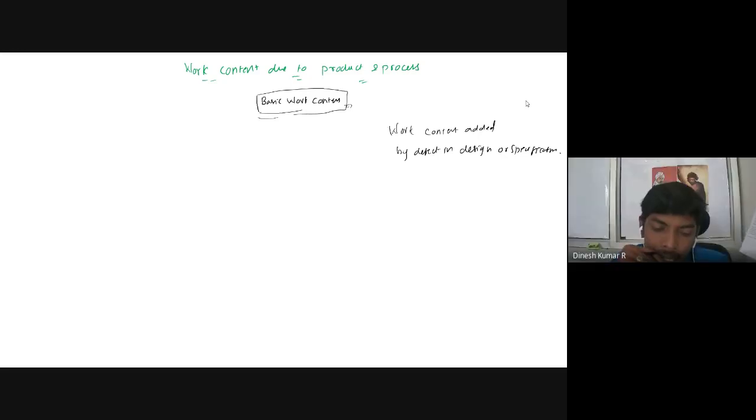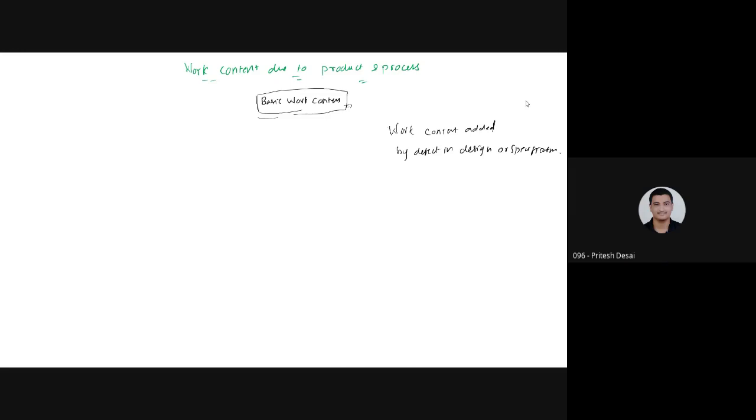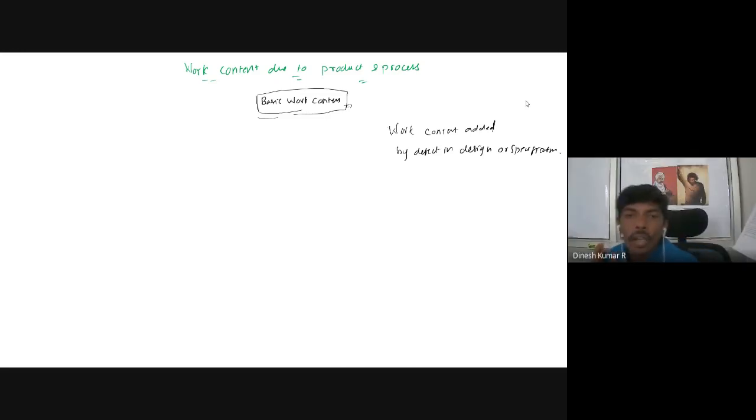Exactly. Then the machine tool and the job plan designed. Cool. Whatever you say, I'll put in a technical term. Whatever you said is perfectly right, and this is the actual thing which is going to add as excess work content on a defective design or specification.